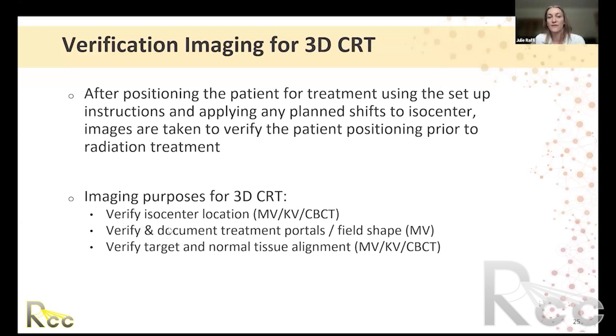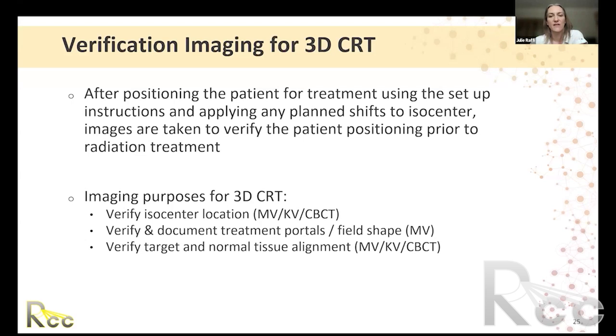First of all, we want to verify our isocenter location. This can be done with MV, kV, or cone beam imaging techniques. We also want to verify and document our treatment portals and field shape. This can be done with your MV treatment beam. And we want to verify our target and normal tissue alignment. So we want to make use of all of the OAR sparing that we developed in our plan and make sure that we're treating our target with the reduced margins that we have in 3D CRT.